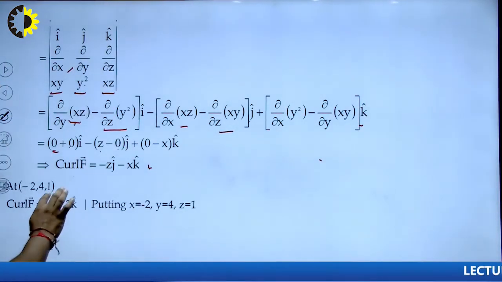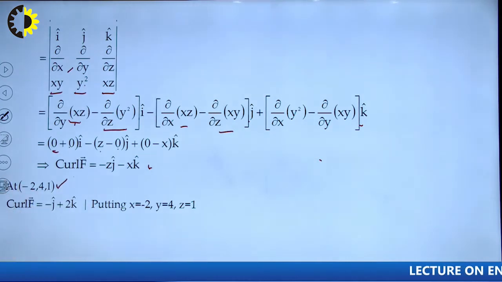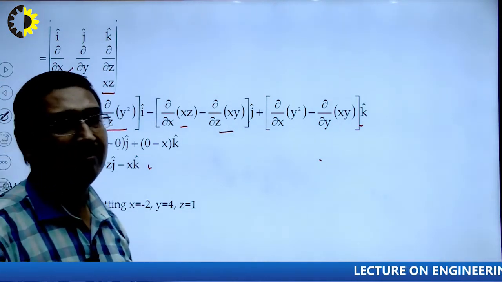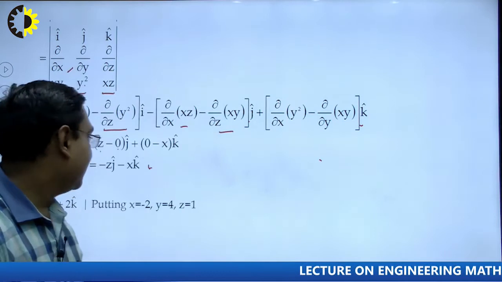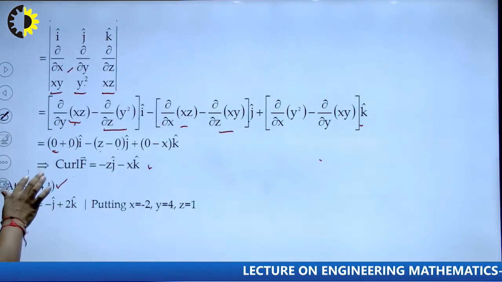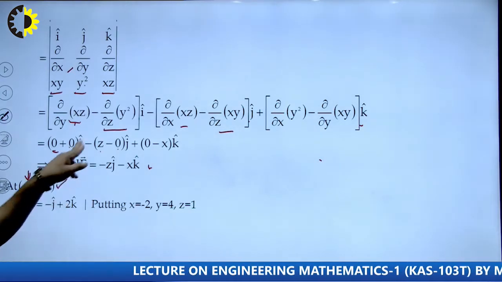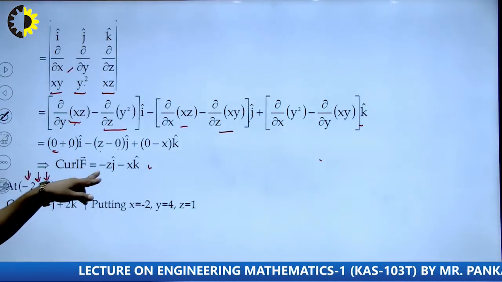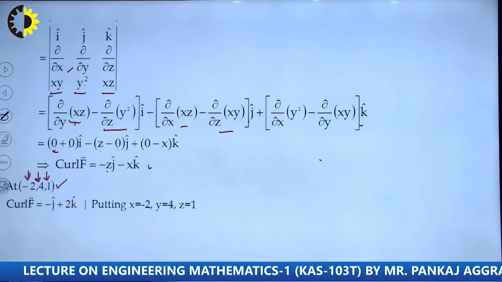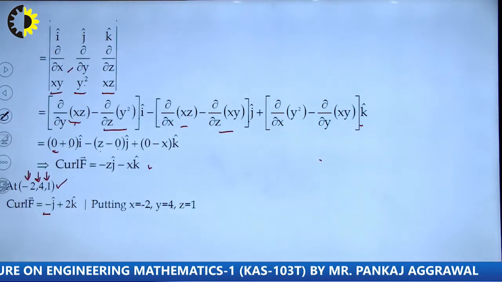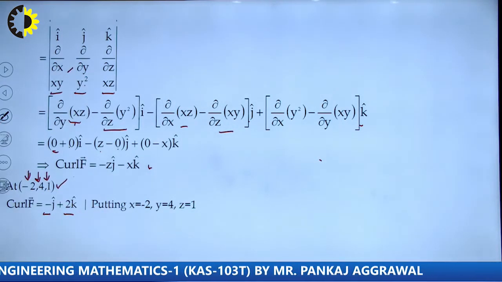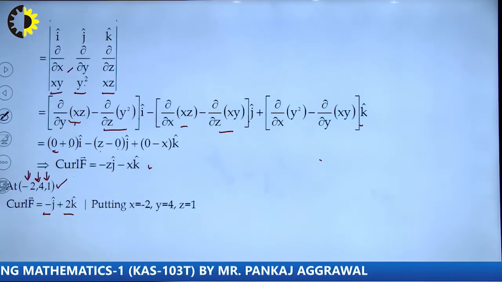But we were looking for the value of curl at this point minus 2, 4, 1, and therefore I shall substitute x equals to minus 2, y equal to 4 and z equal to 1 in this expression. This z will be 1, so it gives minus j cap, and next term gives plus 2 k cap, which is the required value of curl.